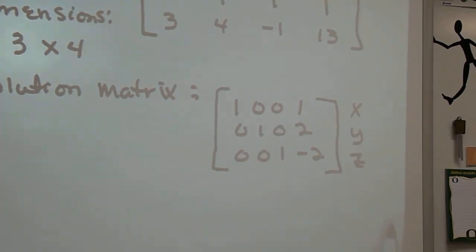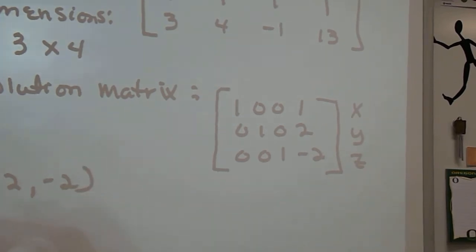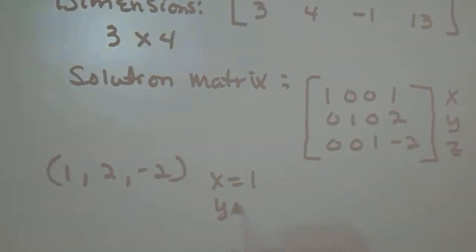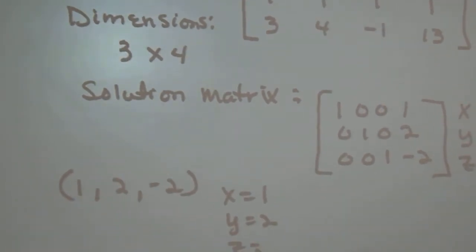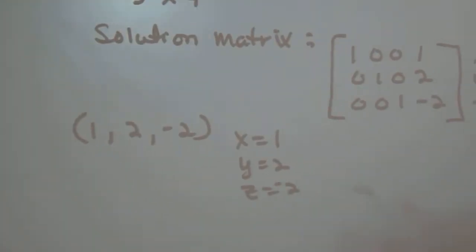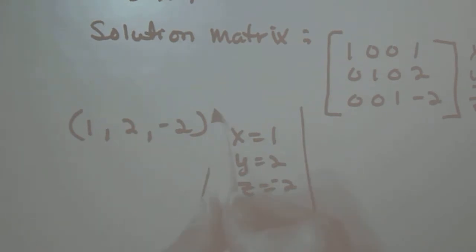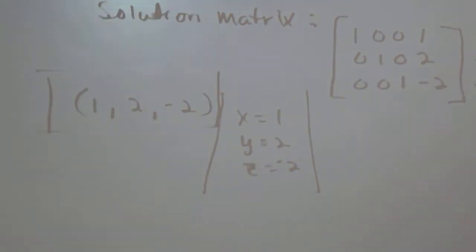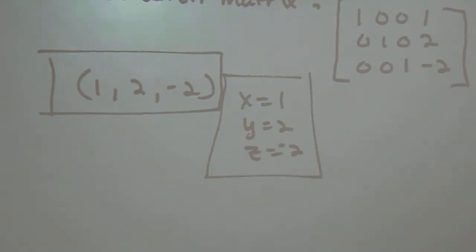And you can write this as an ordered triple, 1, 2, -2. Or you can write x equals 1, y equals 2, z equals -2. Either way you want to do it is fine with me. Okay? Any questions? You guys are good? Fantastic.